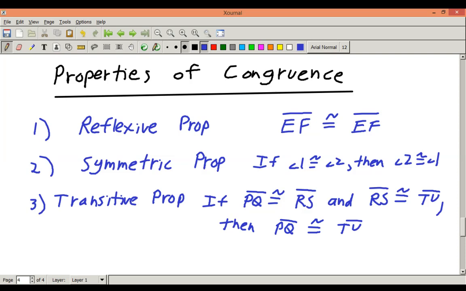So the first item is congruent to the second item is congruent to the third, and so that means the first item is congruent to the third by the transitive property of congruence.